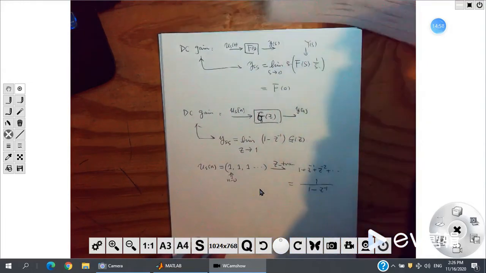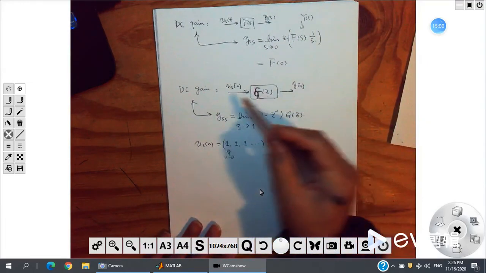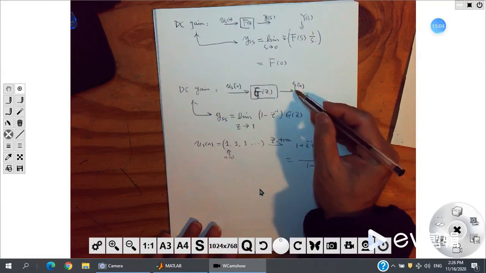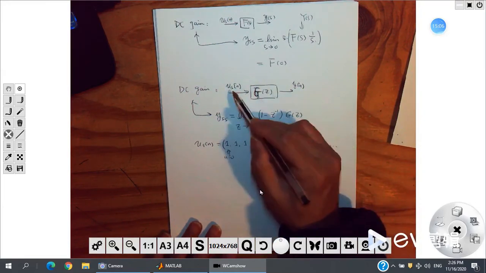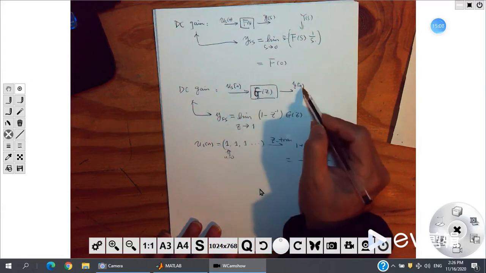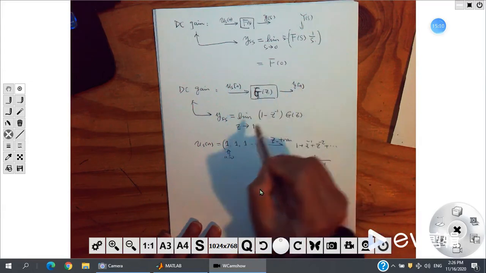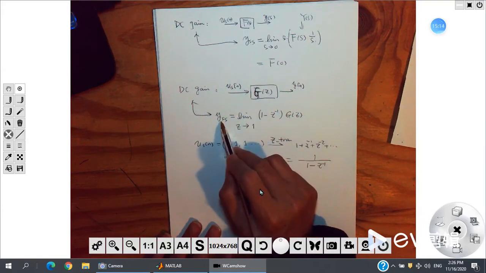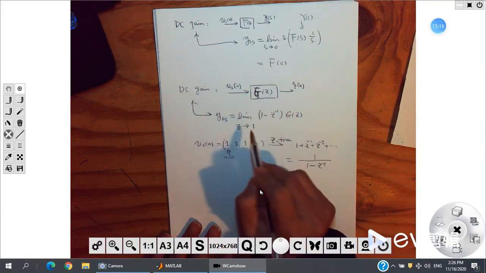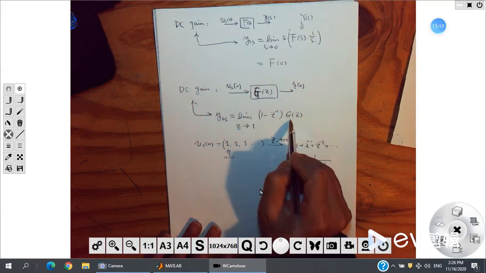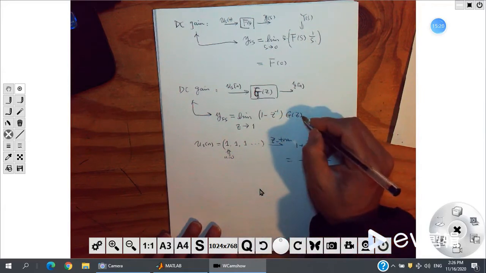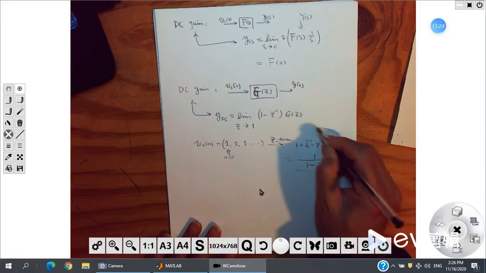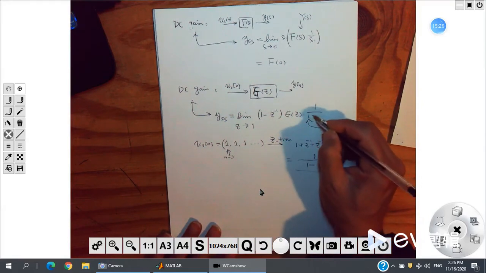Yeah, we want the steady state of the discrete time system, right? Input is unit step, and what is the output when n goes to infinity, the steady state? The steady state equals this one times this one, after the z transform. It's 1 over 1 minus z to negative 1.